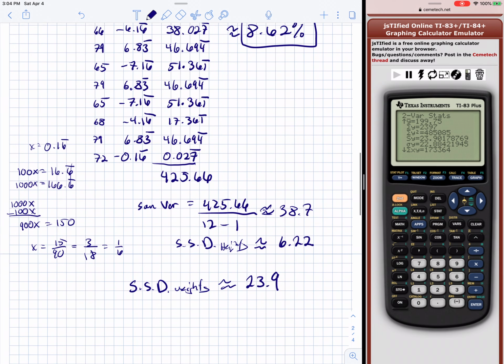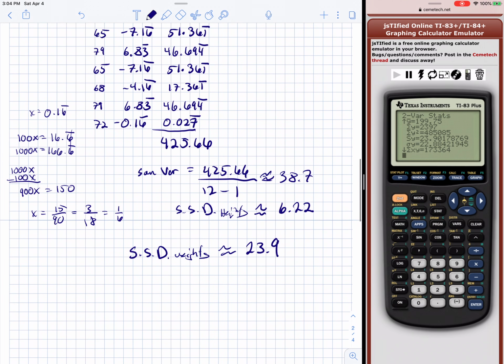So once we have that, and we have that the average is 199.75, then the coefficient of variation for the weights should be the 23.9 divided by the 199.75 times 100. Let's see if this works.